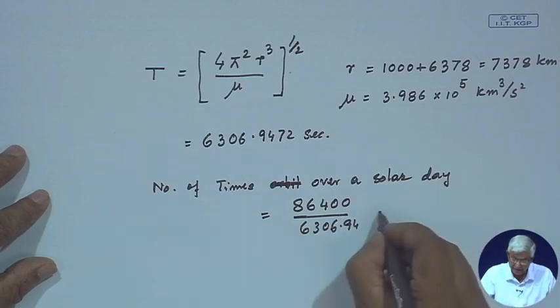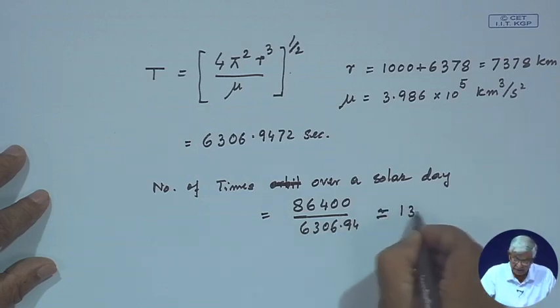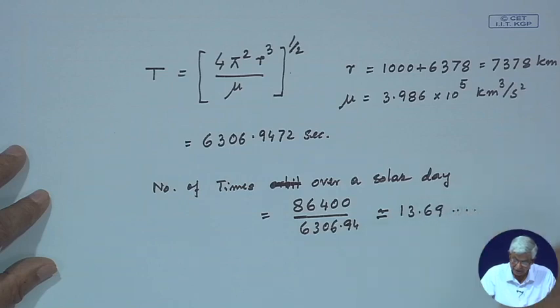If you put it, you will get a number like 13.69 and so on.